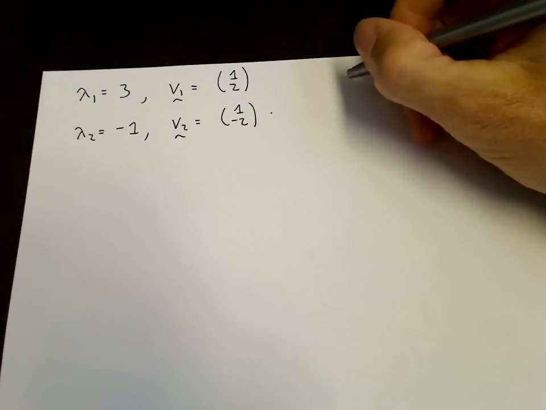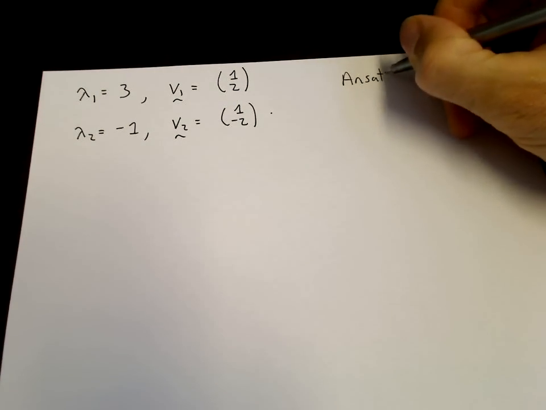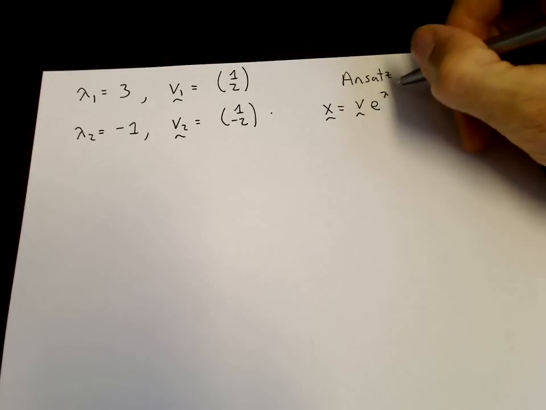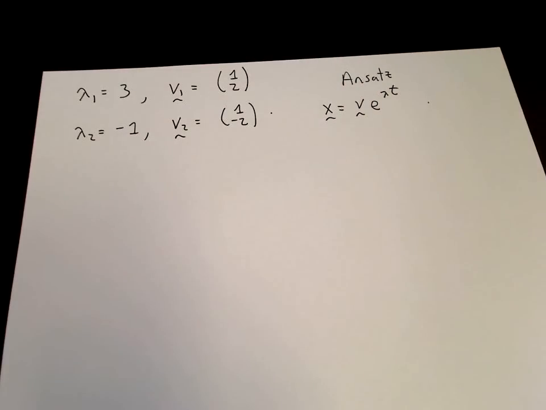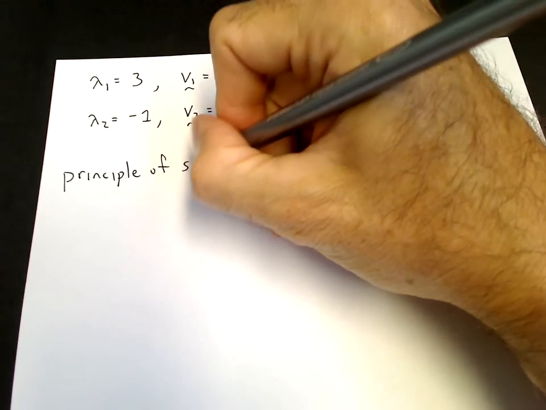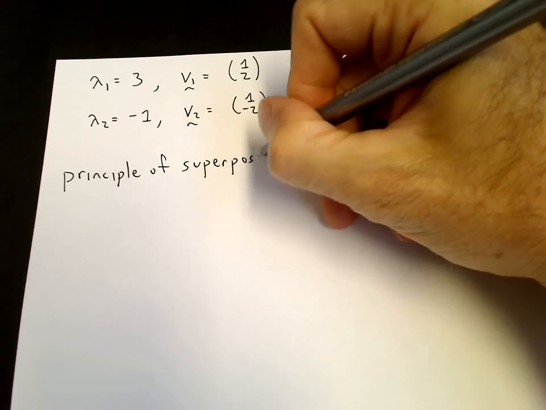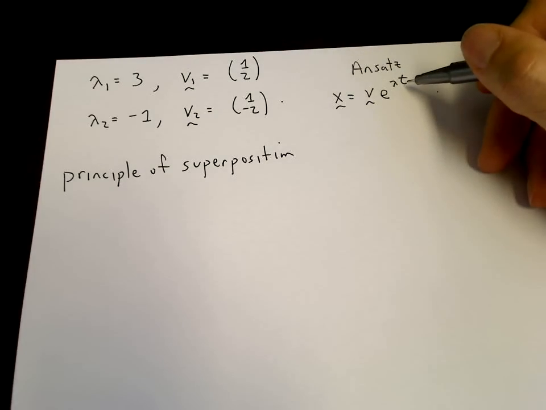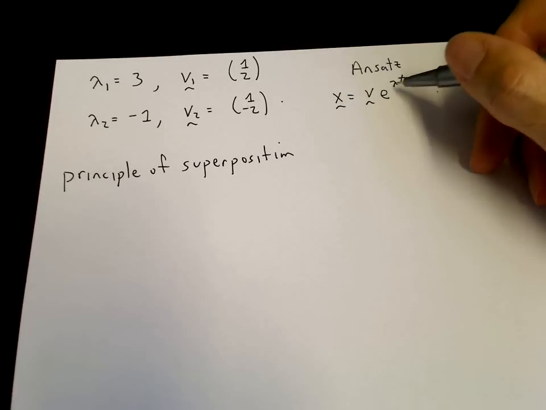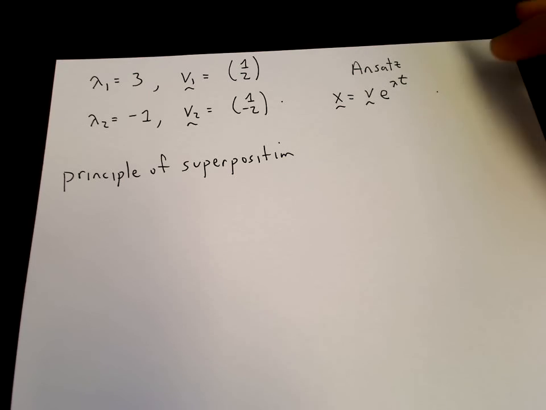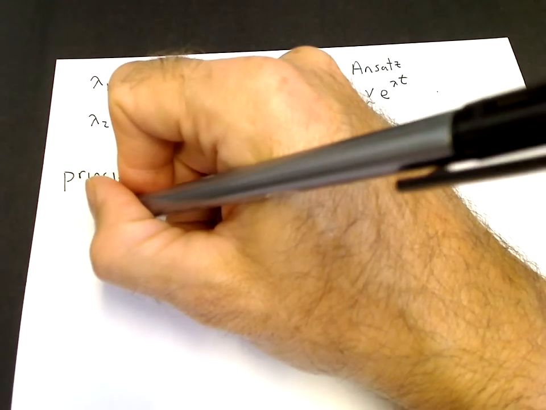And remember, our ansatz was x equal to v times e to the lambda t, right? So we can use the principle of superposition to find the general solution. So we found 2 solutions, v1 e to the lambda 1 t and v2 e to the lambda 2 t, and now we can multiply each of them by a constant and add them together to get the general solution.